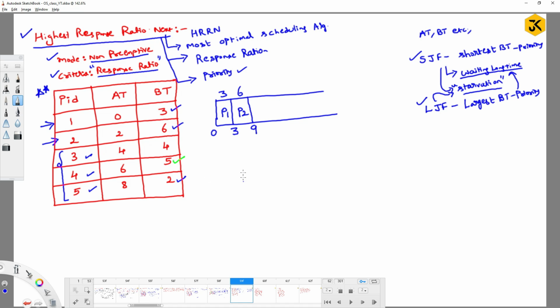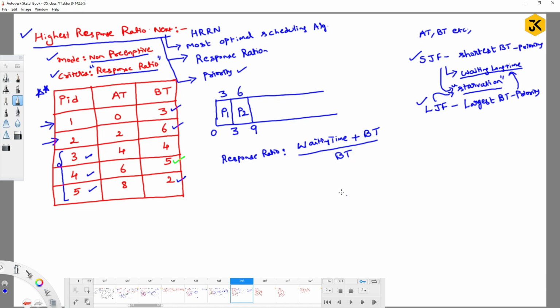How are we going to consider it? By calculating the response ratio. Response ratio simply means the waiting time the process has done so far plus burst time, divided by burst time.